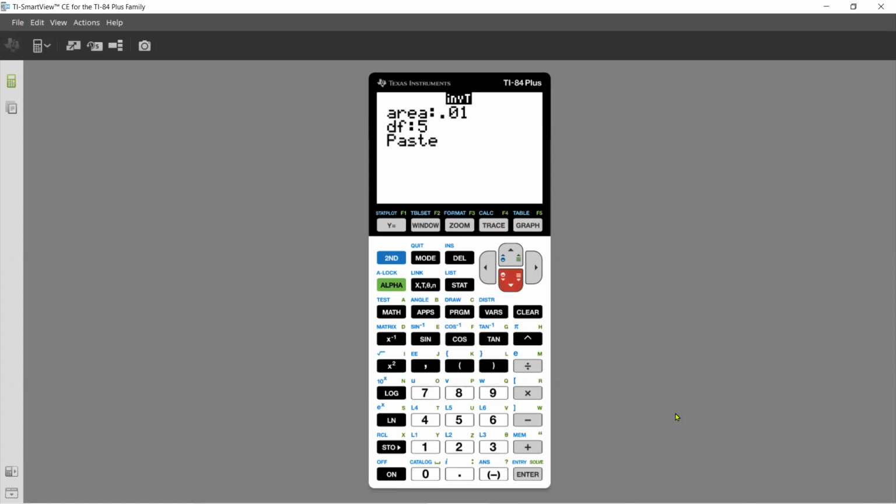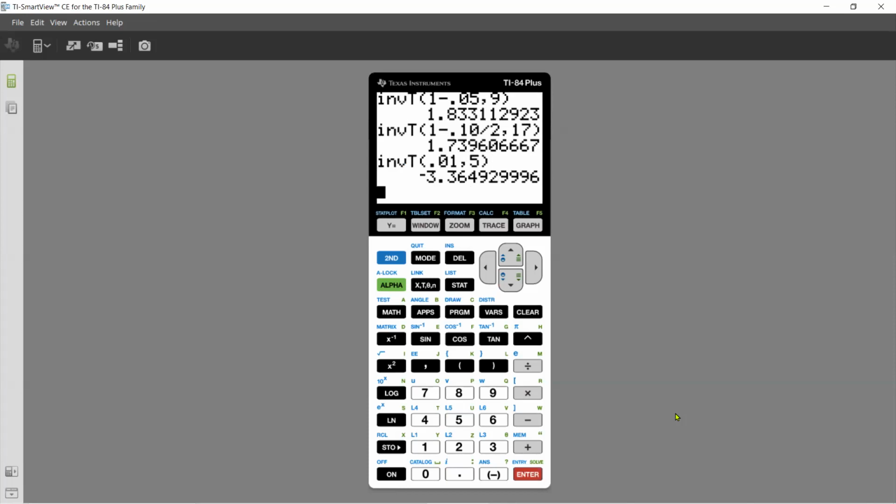So now my T-score is negative 3.3649. Remember, the 9 makes the digit in front of it go up. So we have negative 3.365 should be our T value.